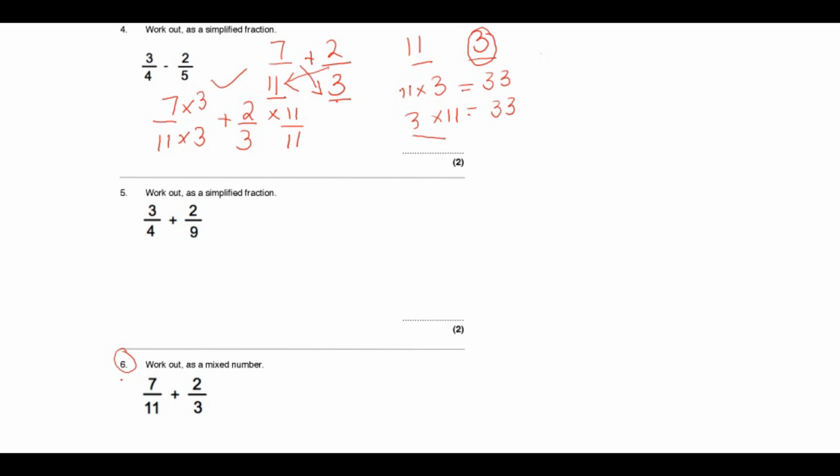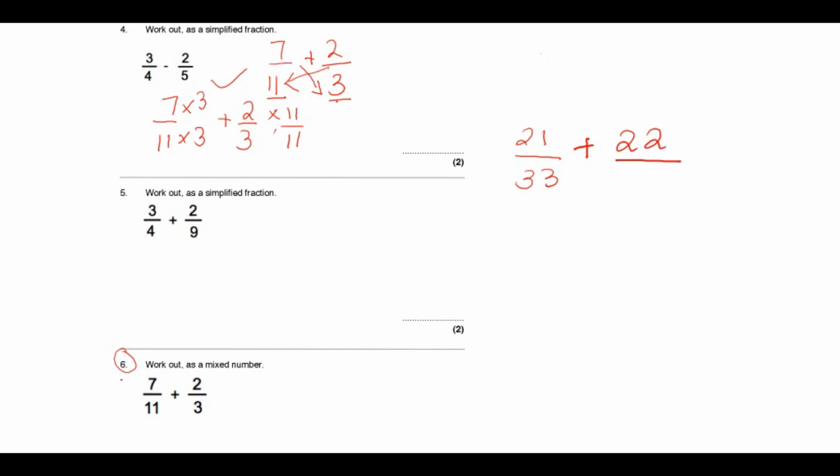Now you have to write down the answers. 7 times 3 is 21 and 11 times 3 is 33. Then 2 times 11 is 22 and 3 times 11 is 33.